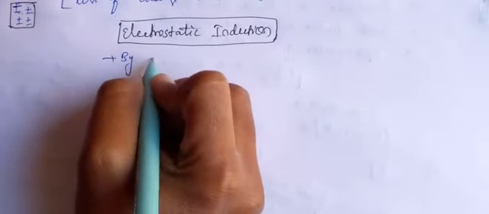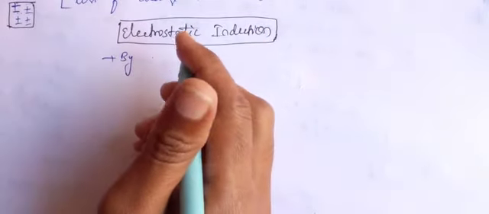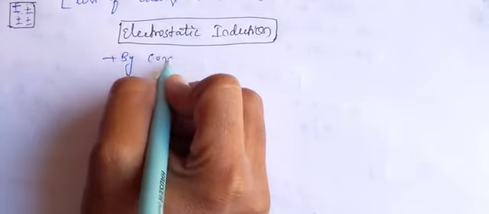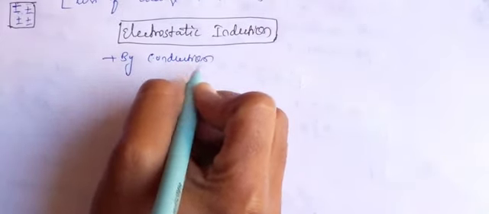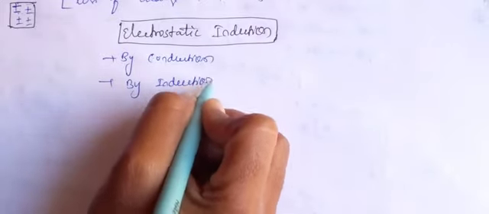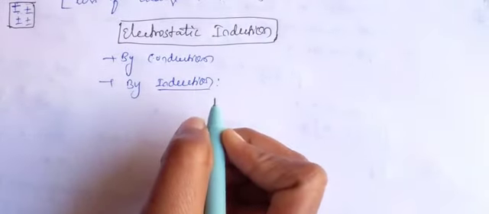Now we have to give some free charge. For that we have two methods: we can give the electrification by conduction and also by induction. So you have to know what induction is.